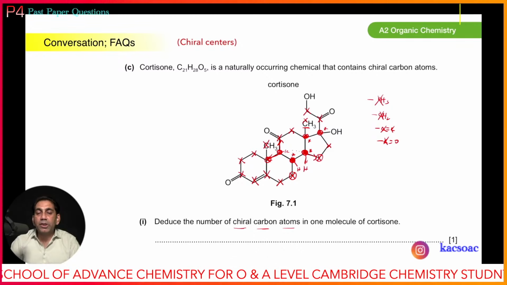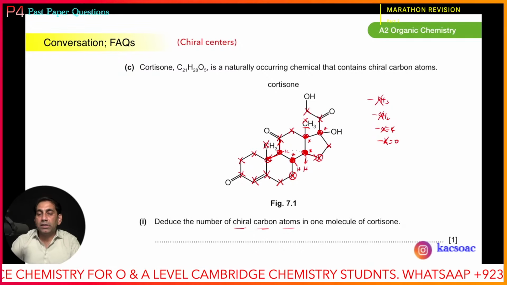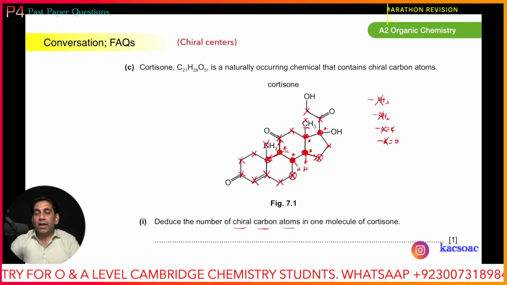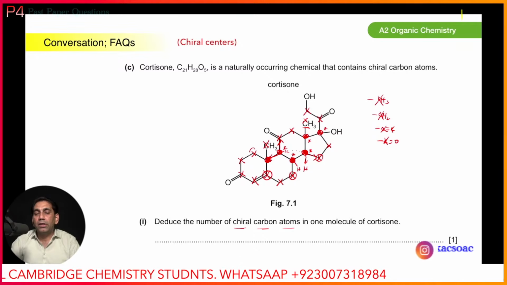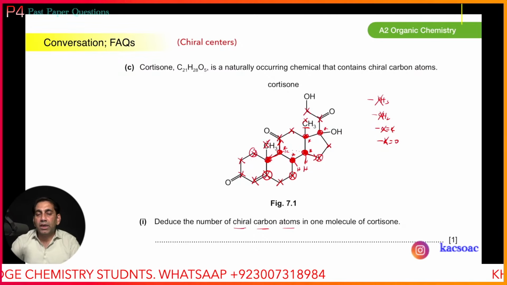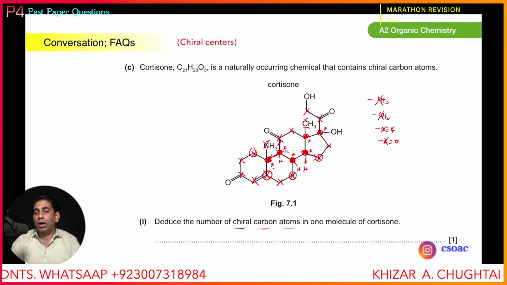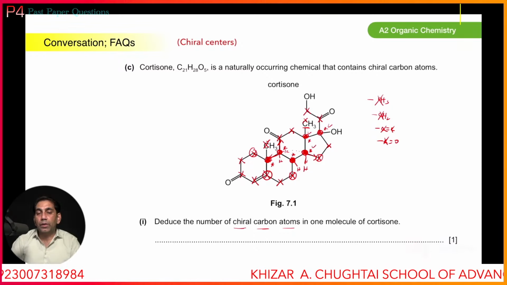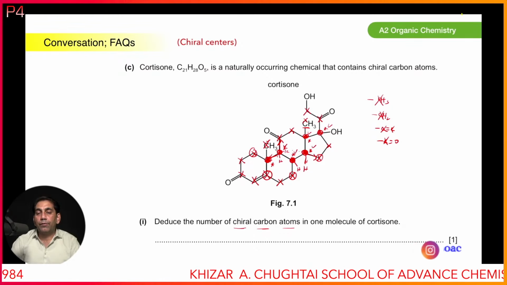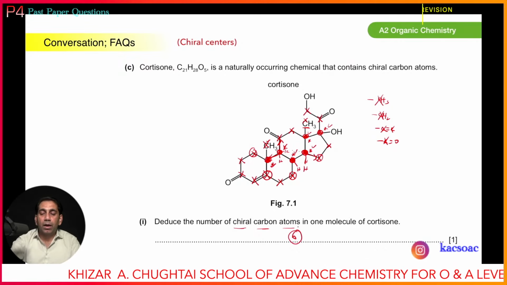Same is the case with this one, hydrogen, C double bond O, carbon, and CH. It's chiral. The last one has just carbon over here, CH2 over here, CH3 over here, and CH over here, so it is also chiral. So in total, 1, 2, 3, 4, 5, and 6 carbon atoms are chiral.